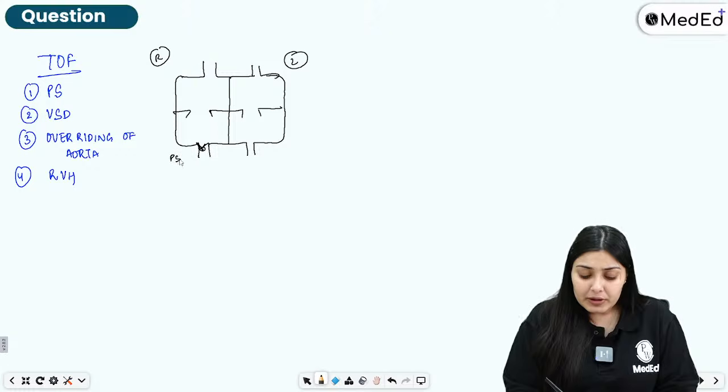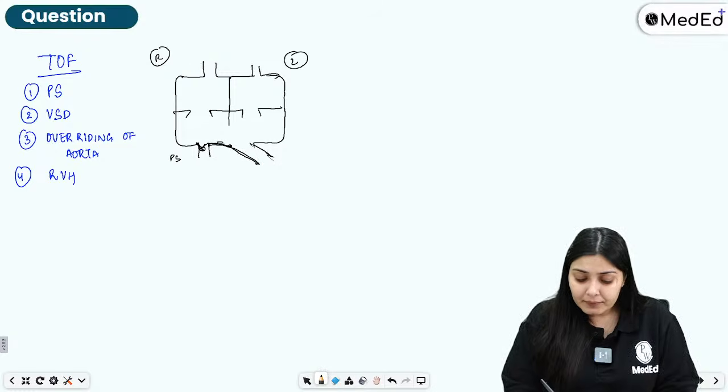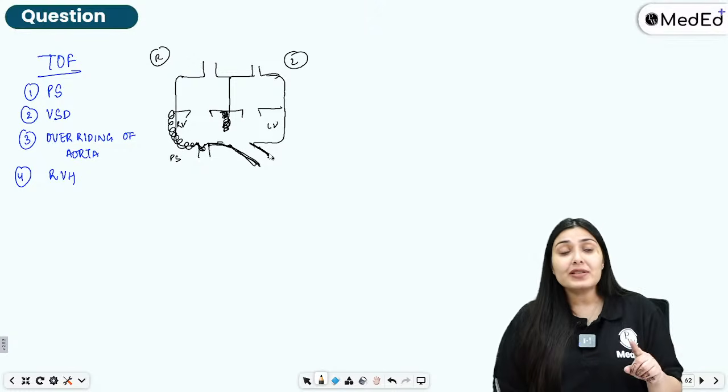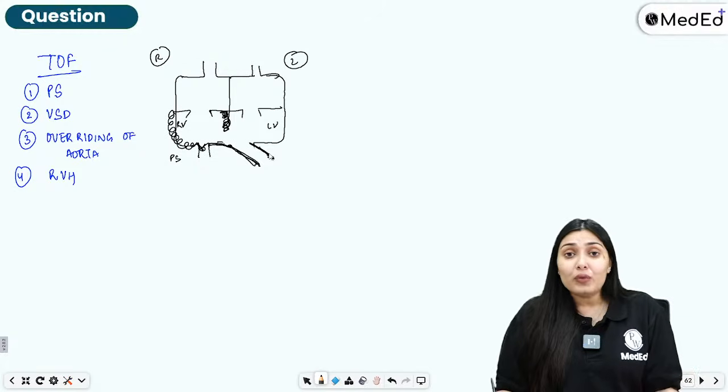There is pulmonary stenosis, there is overriding aorta coming out, there is VSD. This is right ventricle, left ventricle. There is hypertrophy of the right ventricle. So all the 4 defects: pulmonary stenosis, right ventricular hypertrophy, VSD, and overriding aorta.